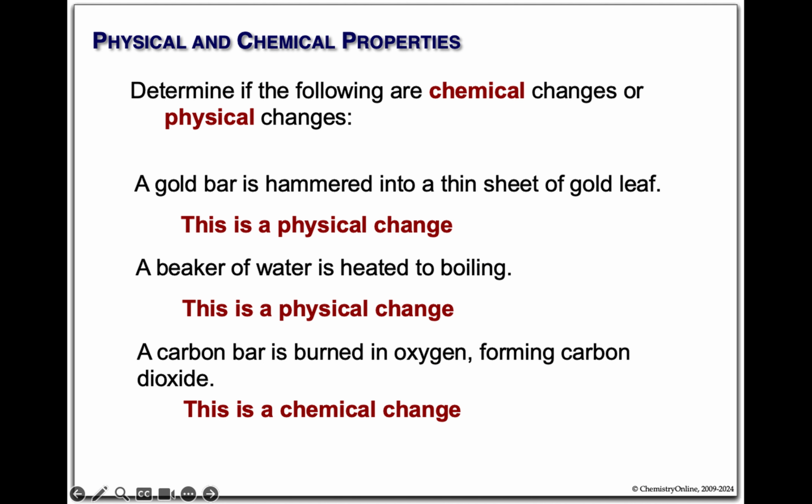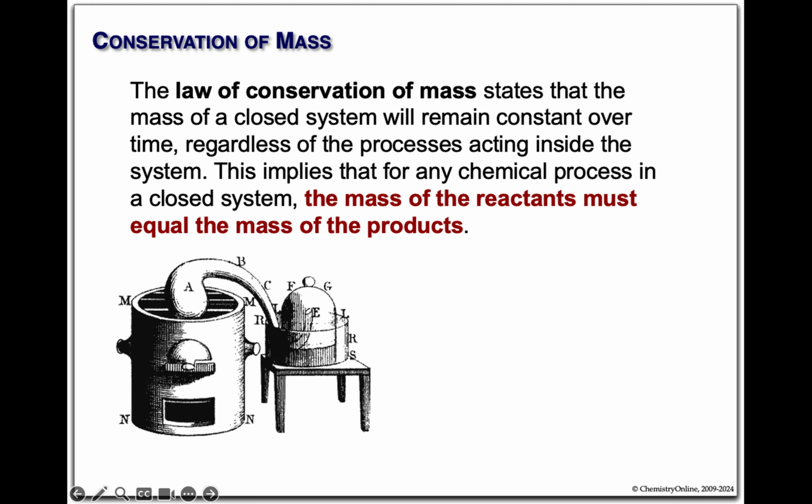All right, when I talked about a reaction arrow, I said same numbers and types of atoms on both sides and the same mass. This was actually a concept that was not understood until the late 1800s. And it's thanks to this guy, Lavoisier.